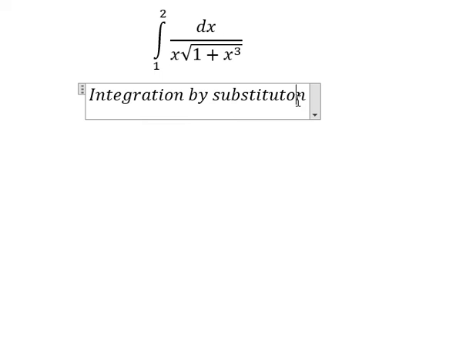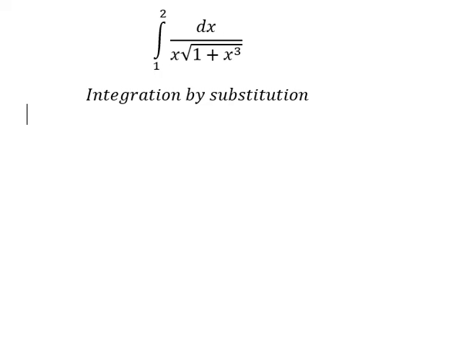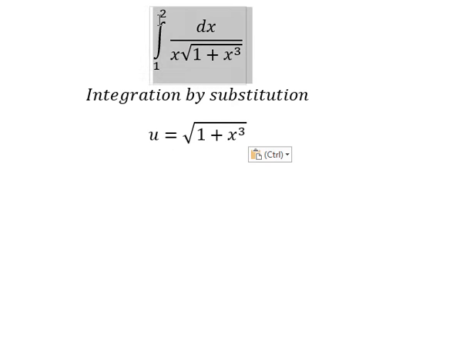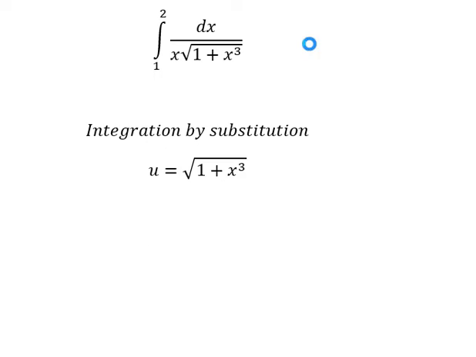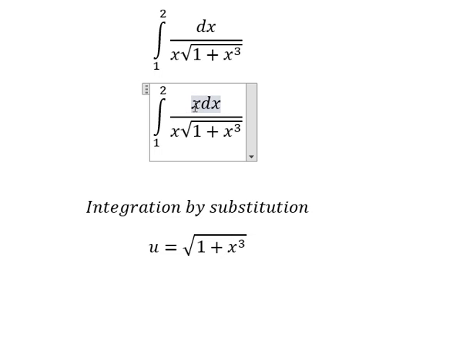So I will put u equals the square root of 1 plus x to the power of 3. Now, in the next one, I will put x squared on numerator and denominator.